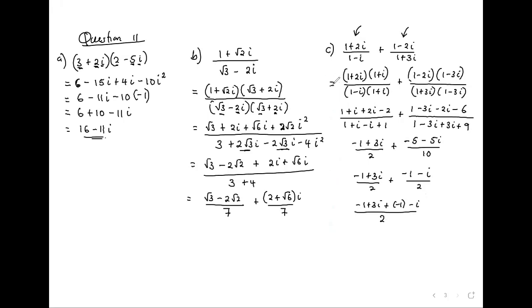So equal, equal, equal. Negative 1 minus 1, we'll get negative 2, and then 3i minus i, we get 2i. Then you separate the 2, separate the 2. So we end up having negative 1 plus i, like this.